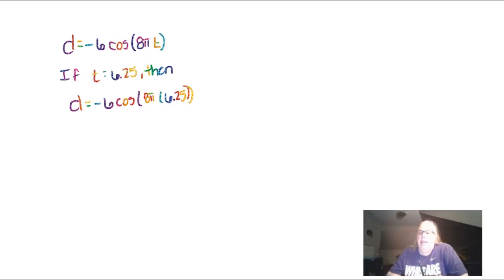We're going to put this in the calculator. Because this is written in terms of pi, we're in radians, so be sure you set your calculator to radians. When we put it in, d is equal to -6, and our units are inches.